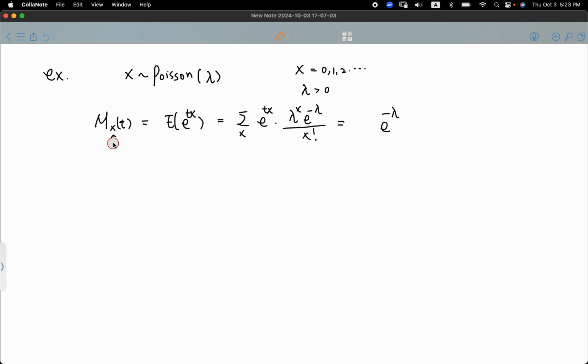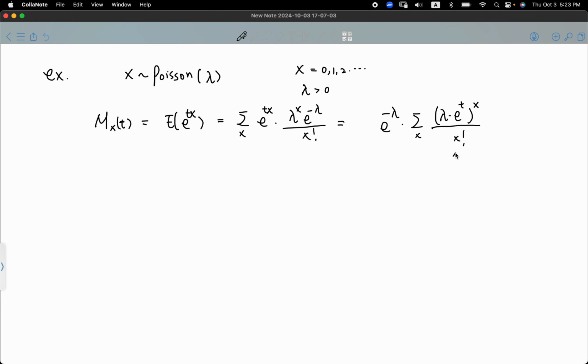That is the first step. Then let's work on the remaining term inside the summation, and we can group things in the following way, particularly the numerator. We have lambda multiplied by e raised to the power of t, altogether raised to the power of x, and then x factorial.